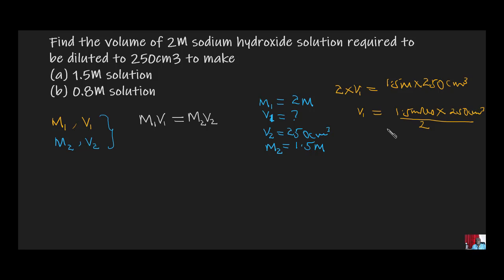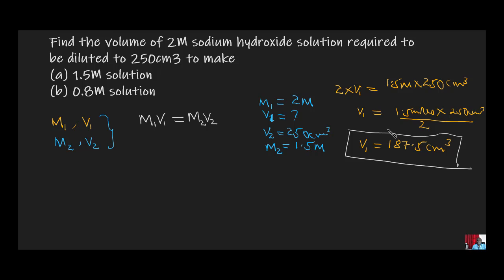When you work it out, the volume is less than 250 centimeters cubed as the concentration also drops. That is, V1 should be equal to 187.5 centimeters cubed. And that is how we dilute solutions.